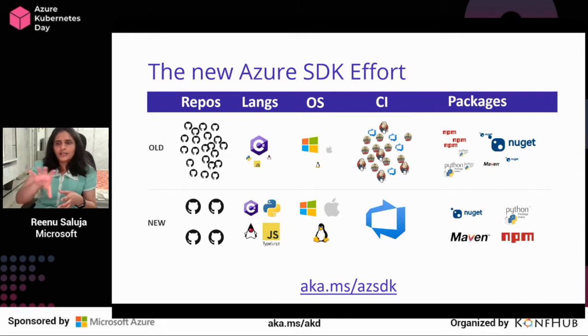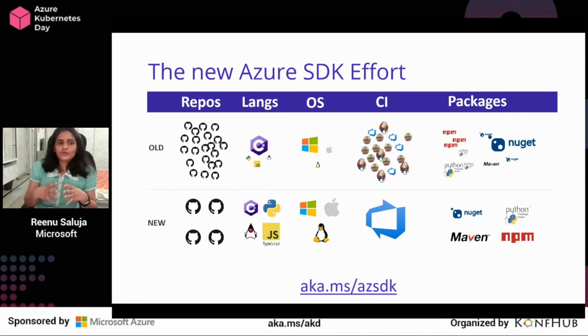On the bottom side you can see the new things after revamping the Azure SDK. I'm talking about this SDK today because it has several components we can use, but the main one I'm going to highlight is the identity part. We want consistent CI/CD pipelines as well as consistent packages, delivered to all mainstream package managers.